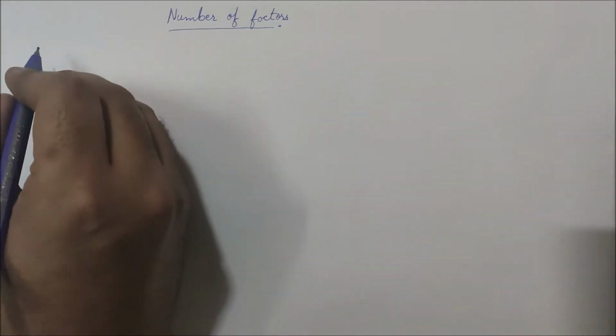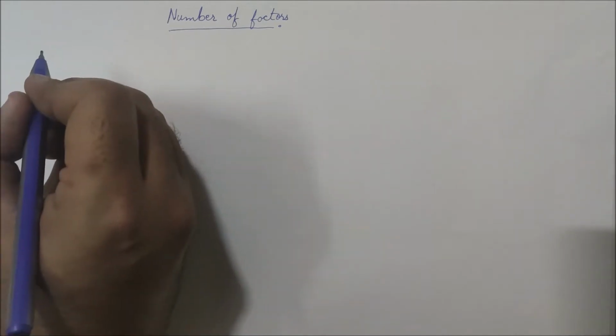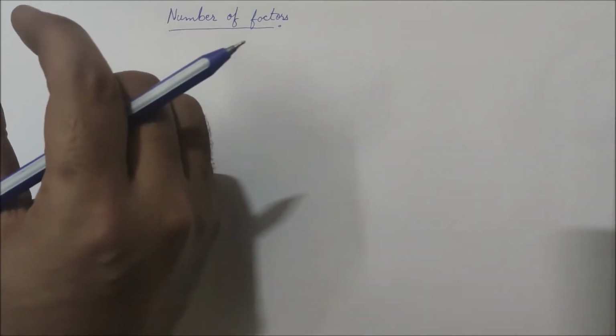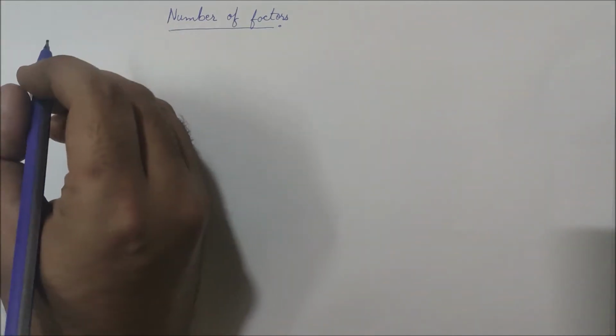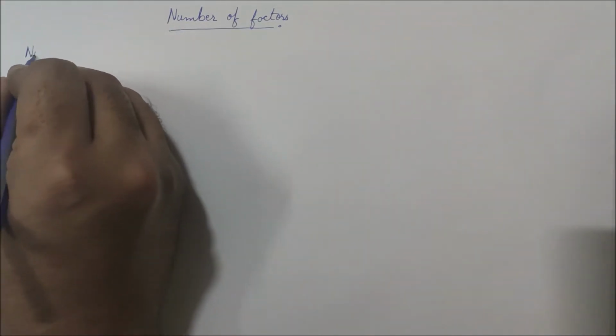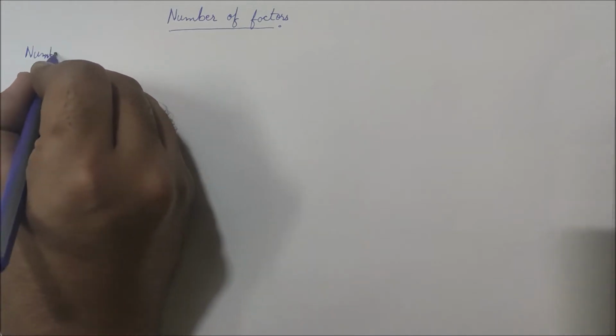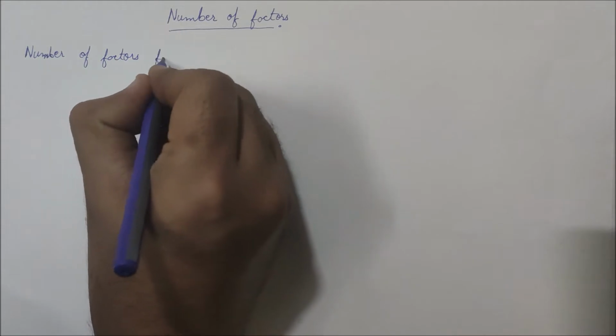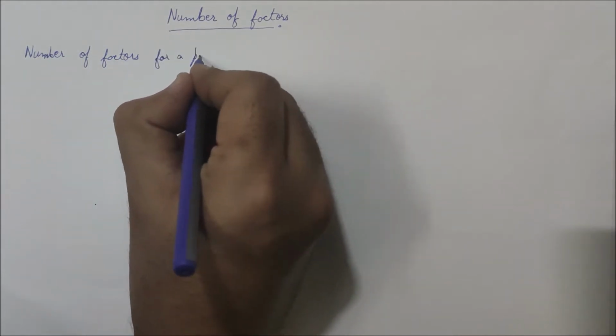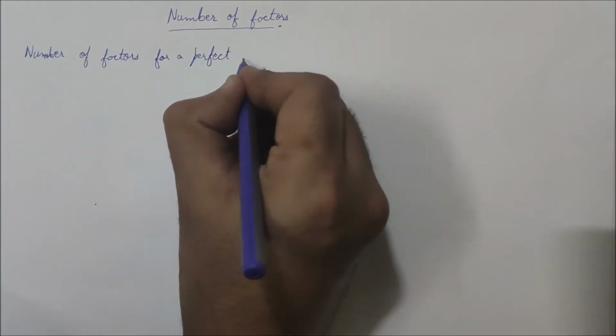Let's see what happens when we try to factorize a number which is a perfect square, and what is so interesting about the number of factors a perfect square has. So the number of factors for a perfect square, let's see what happens.